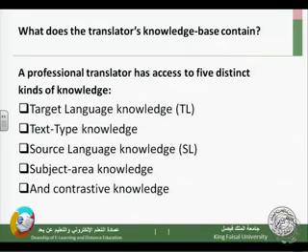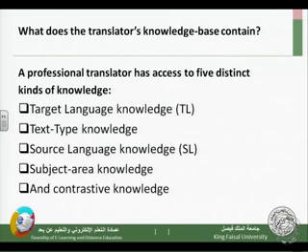Target language knowledge. So Arabic is the source, English is the target language, it means you want to translate from Arabic into English, you have to have knowledge of the target language. It means English. Now, the text type knowledge, the text type, what kind of text is it? Is it literary or technical or legal?